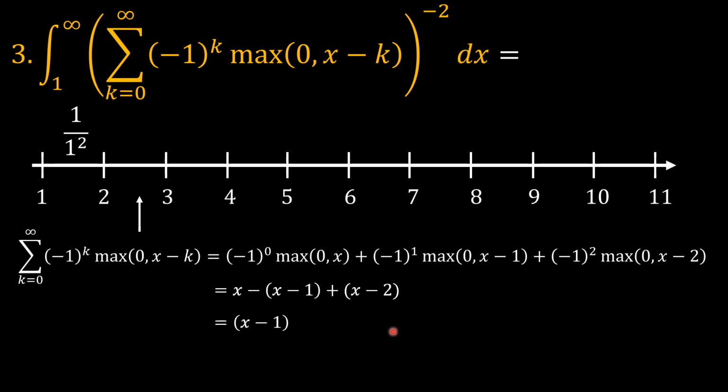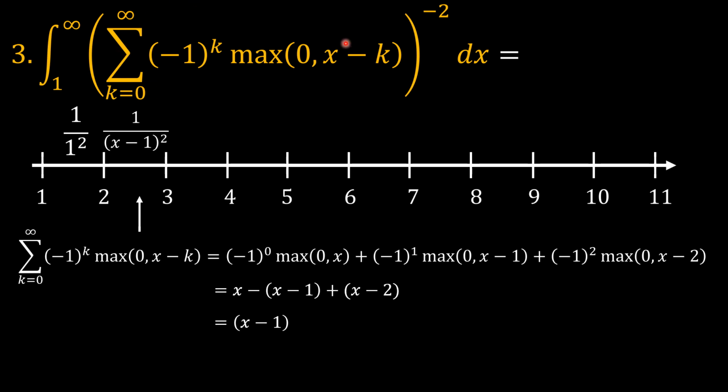And that becomes x minus x is obviously 0, and then plus 1, this negative and this negative 1, so we have plus 1, and 1 plus x minus 2 becomes x minus 1. So in this interval we have 1 over x minus 1 squared.